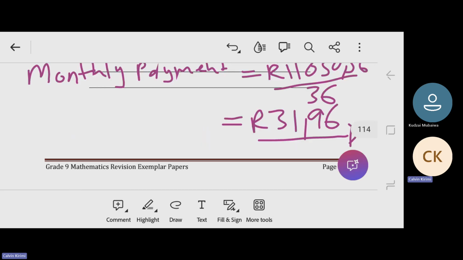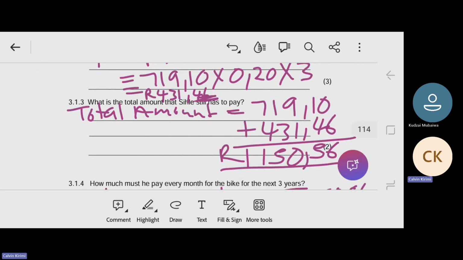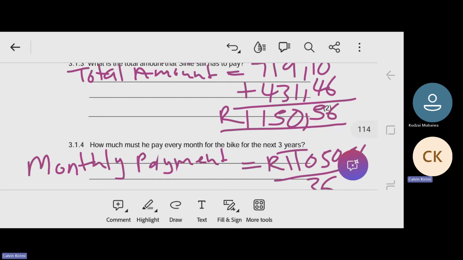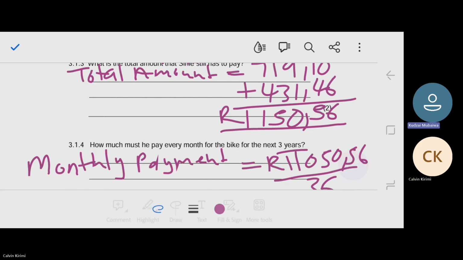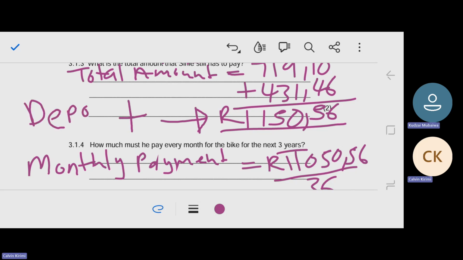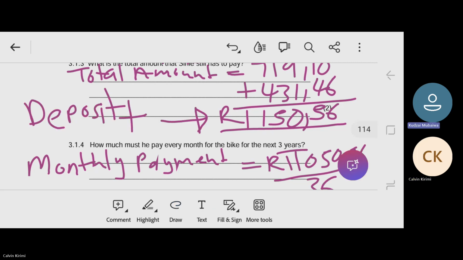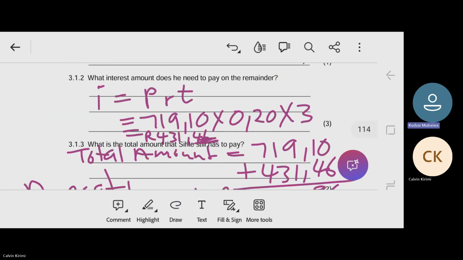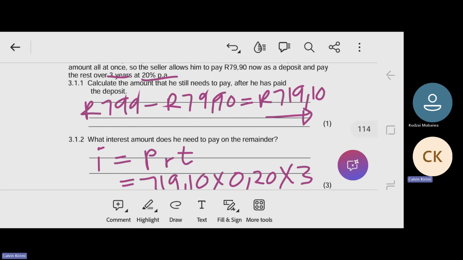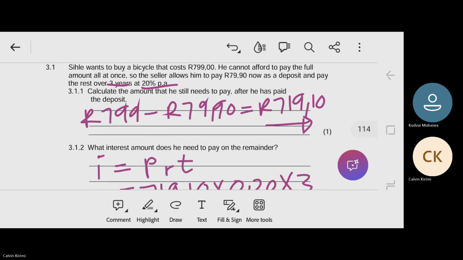We add the total amount, 1,150.56, isn't it? Then we add the deposit, which he paid.